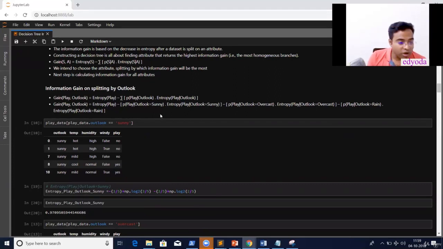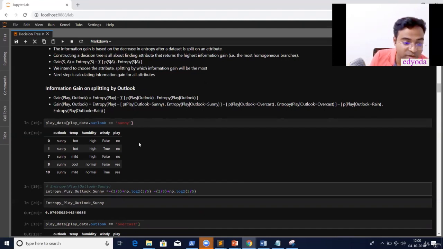To calculate the gain on splitting by outlook, this is the entropy of play, which we have already calculated, and for each attribute of outlook we need to do this math. Outlook has 3 values: sunny, overcast and rain. So we need the probability of sunny and the entropy when outlook is sunny, and we have to do this for all 3.